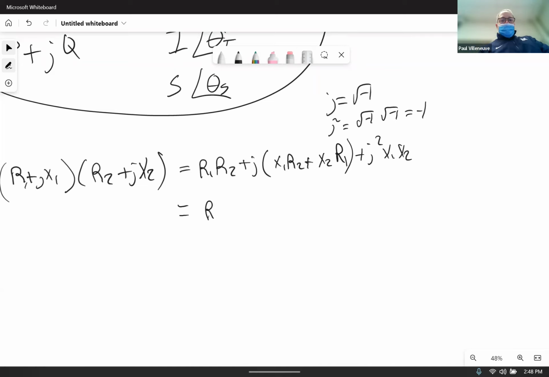So this becomes R1, R2 minus X1, X2 plus j, X1, R2 plus X2, R1. You can always multiply polar numbers or rectangular numbers, no problem.